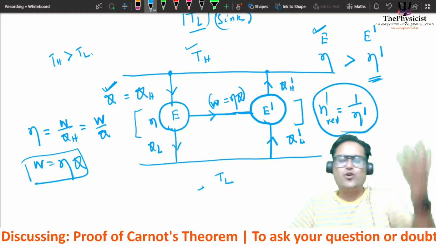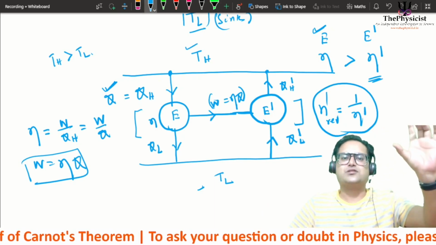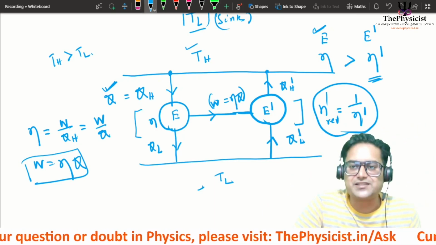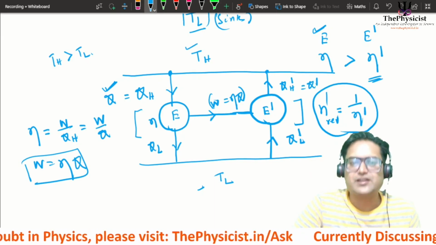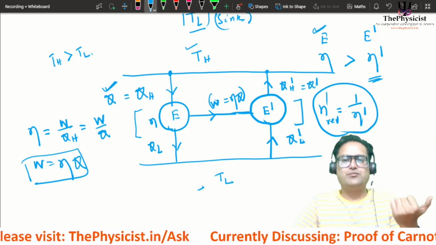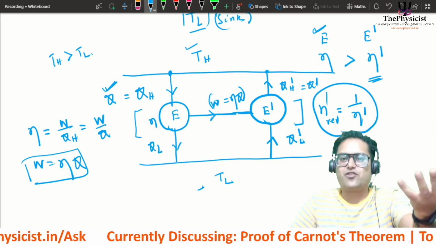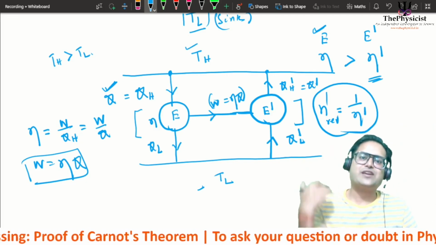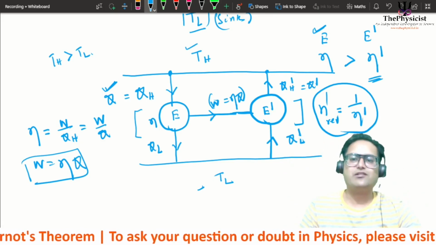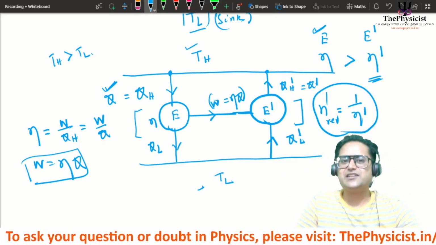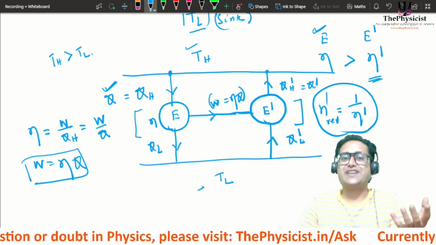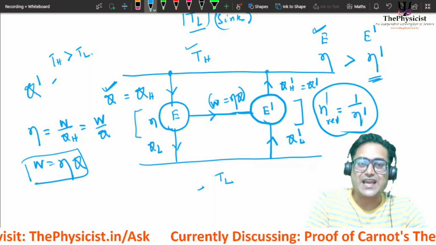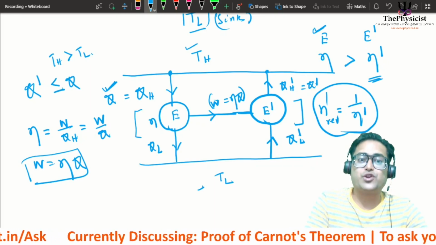So now we have taken Q amount of heat from the source, and we are giving it back QH dash, or let's suppose that is Q dash. Q heat is taken from the reservoir, that is, the source, and we are giving back Q dash amount of heat, right? Technically speaking, Q dash can be less. So basically, Q dash can be less than or equal to Q, right?